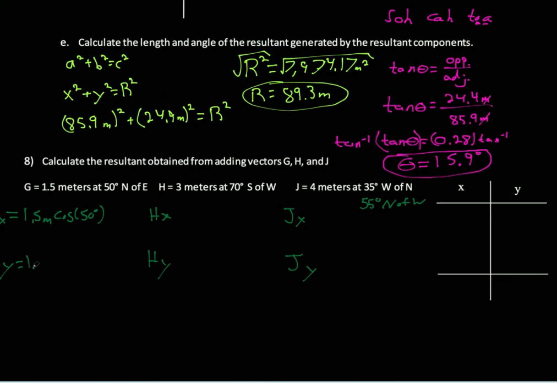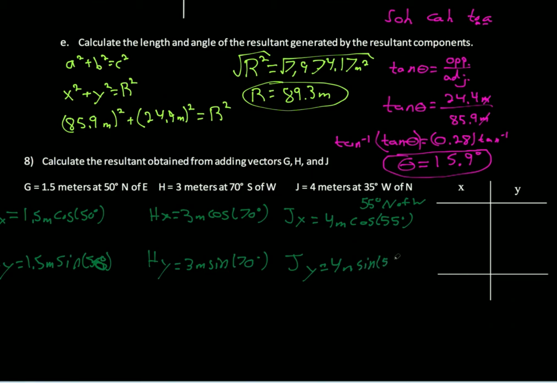This is going to be 1.5 sine 50 degrees. Then 3 meters cosine 70, 3 meters sine 70, 4 meters cosine 55, and 4 meters sine 55.